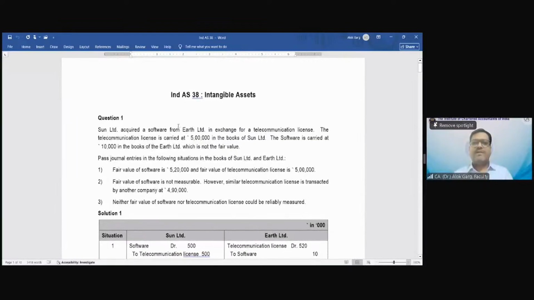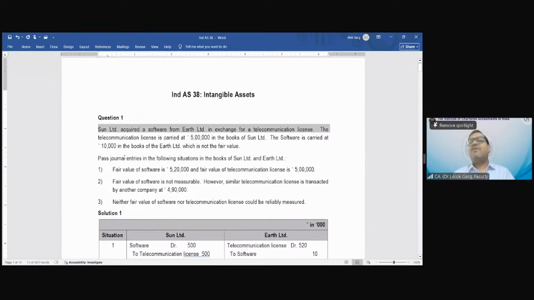This question is from study material. Sun Limited acquired a software from Earth Limited in exchange for a telecom license.